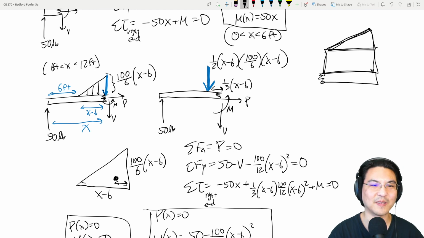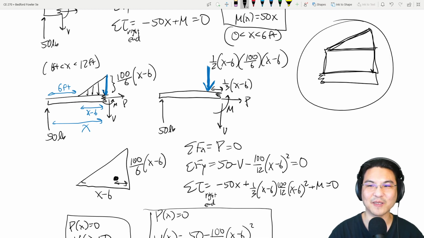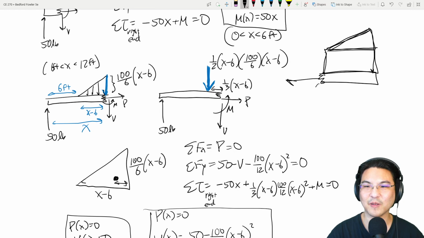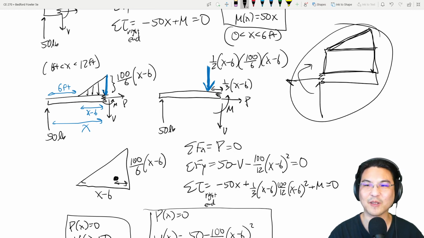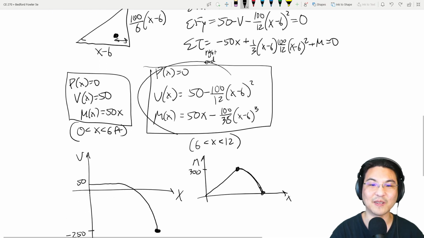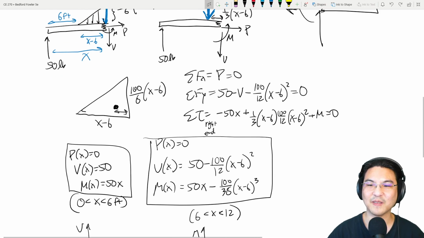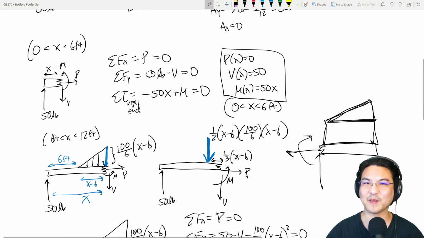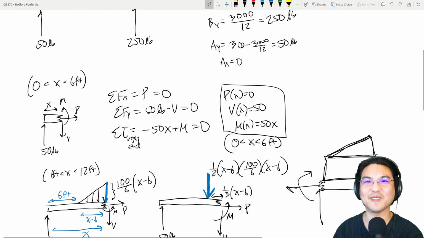This is the left section, this is the right section. You could also try this as practice. Use this free body diagram, and you should get literally the exact same answer. So give it a try. It's a little bit complicated, so it takes practice. Let me know if you have questions. I'll see you in the next video.